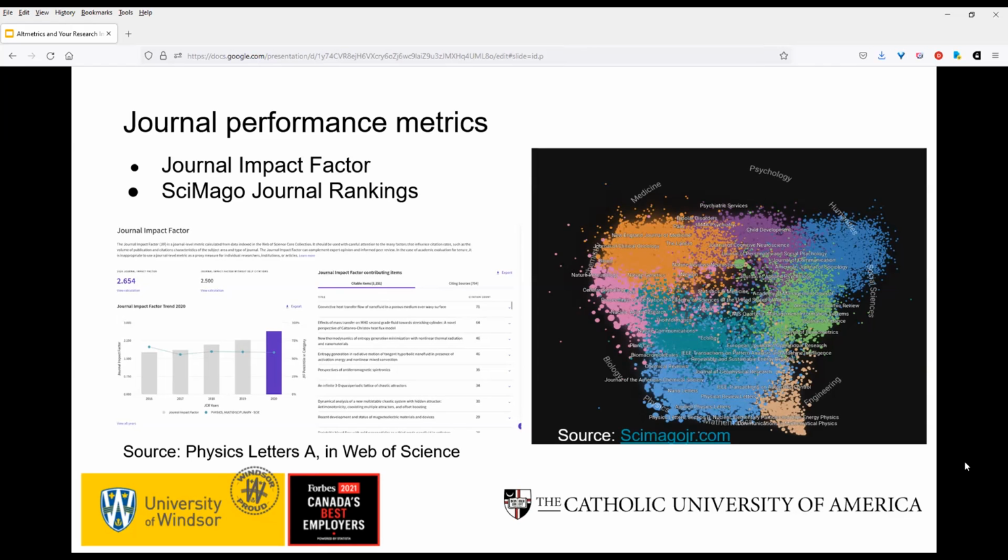So this is looking specifically at one of the more highly rated physics journals, which is Physics Letters A. And we can see here that Physics Letters A for most years actually outperforms the average journal. So that's a mark of quality for that journal in terms of its usage and its citation and its impact on the discipline of physics.